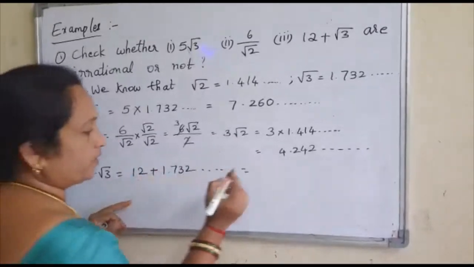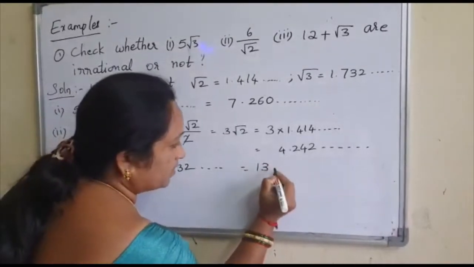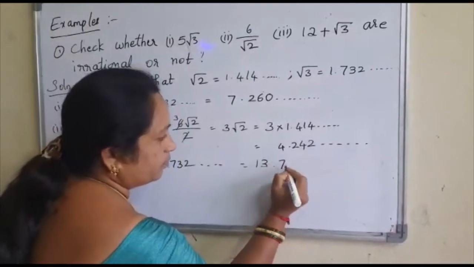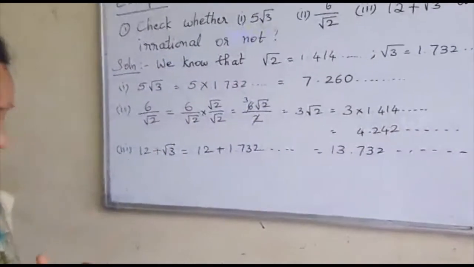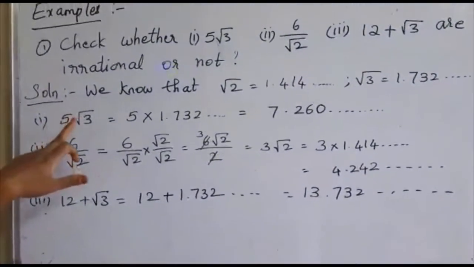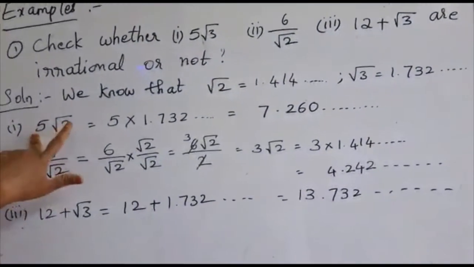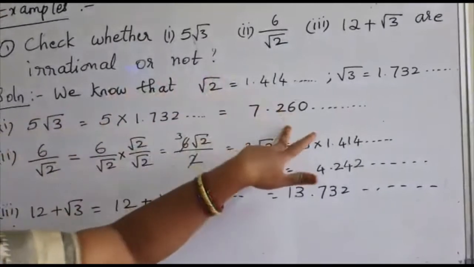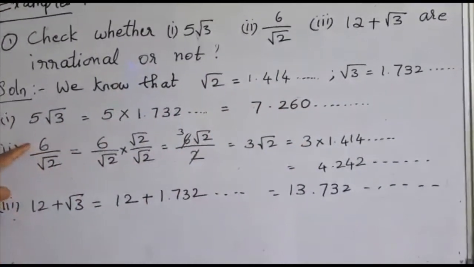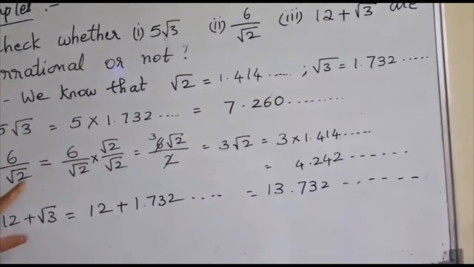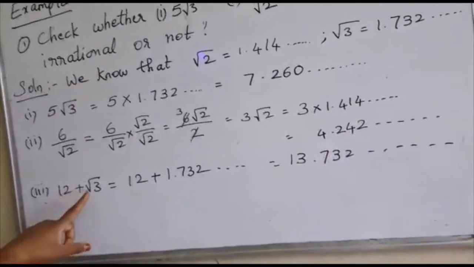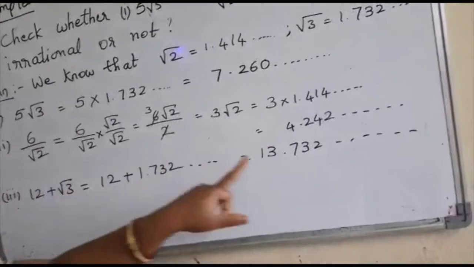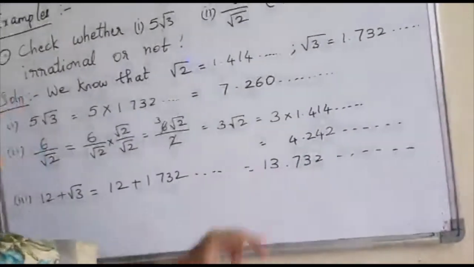There is no decimal part in 12, so add only the whole parts, that is 12 plus 1, giving 13.732 and so on. So here what you observe: when you multiply a rational number and an irrational number, you get an irrational number. When you divide a rational number by an irrational number also, you get an irrational number. When you add an irrational number to a rational number also, your resultant is an irrational number.